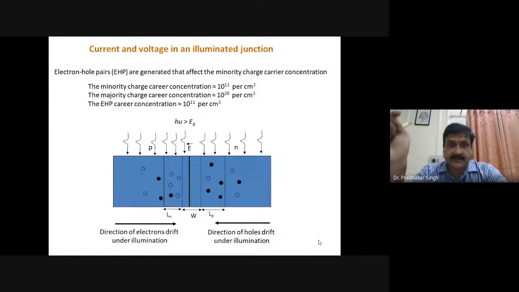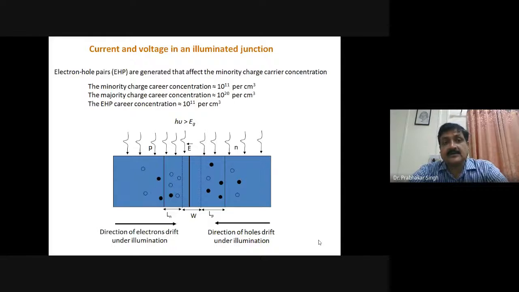Let us go to the illuminated junction. What is happening when the junction is illuminated? It means you expose the junction to light of appropriate energy, of course. In a semiconductor, the majority charge carrier concentration is about 10 to the power of 20 per cubic centimeter, which is very high. The minority charge carrier concentration is about 10 to the power of 11.